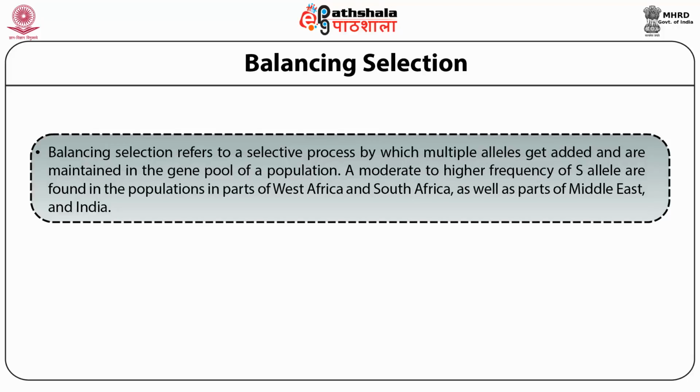A moderate to higher frequency of the S allele is found in populations in a part of West Africa and South Africa, as well as in a part of the Middle East and India. Populations that have a history of malarial epidemics tend to have a higher frequency of the S allele, which can be best explained by balancing selection.